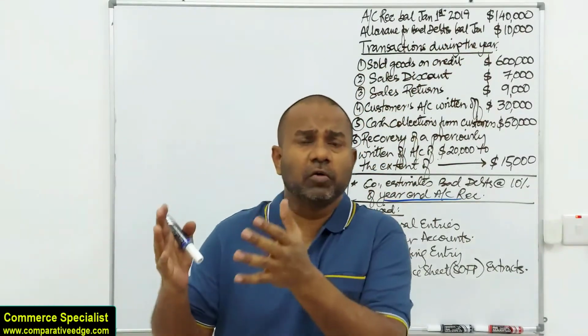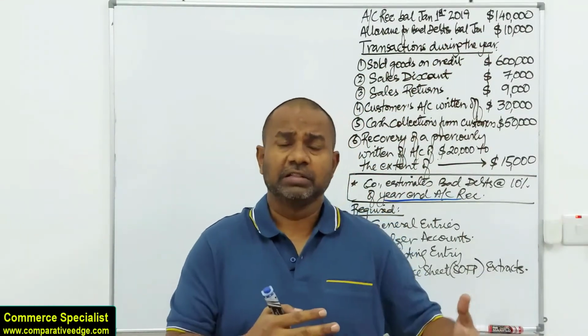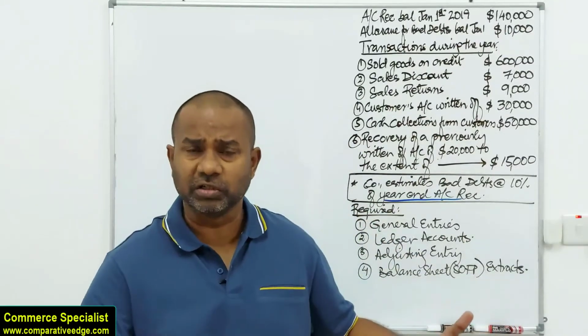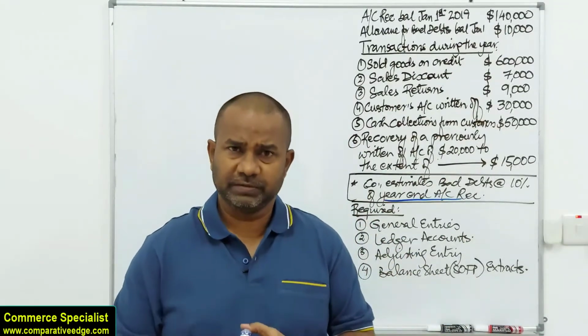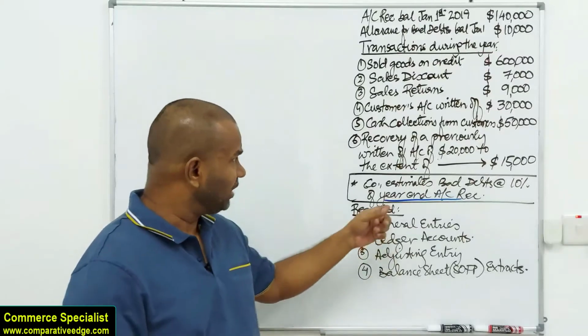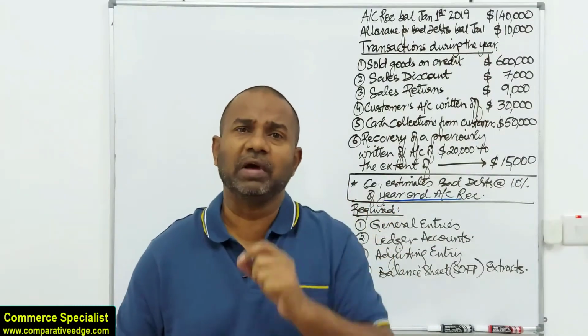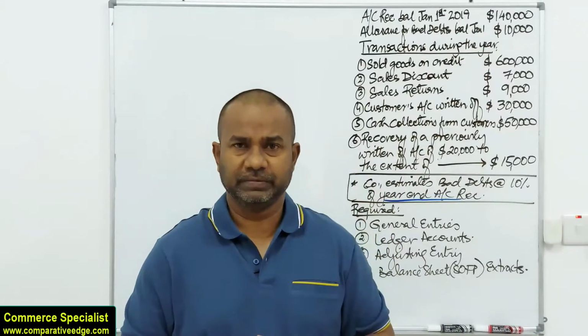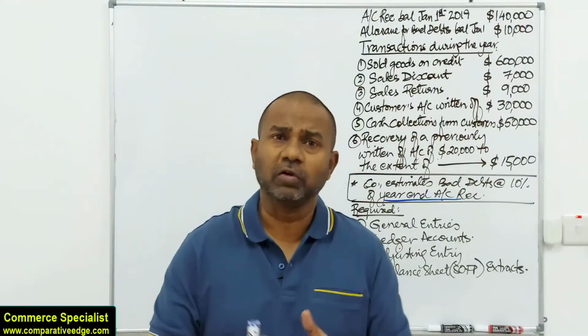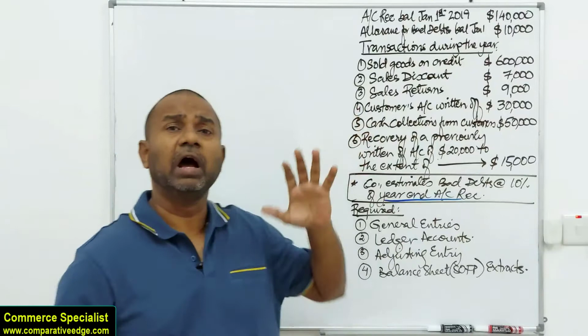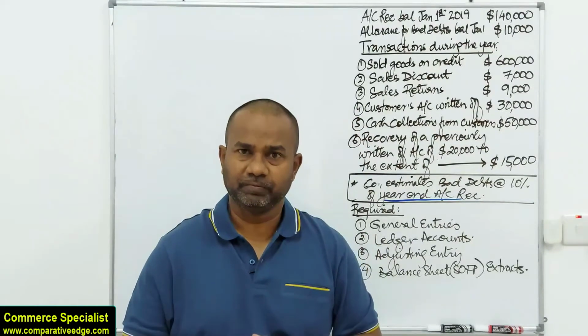Obviously, if there is an opening balance and subsequently there are transactions, it will disturb the opening balance. And as a matter of policy, we have to calculate bad debts at the year-end balance, not the opening balance. So first, let's have a look at the entries and how they affect receivables.